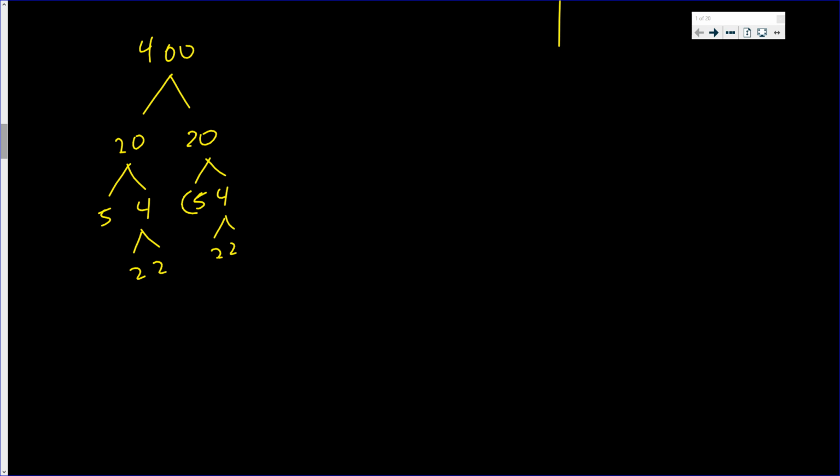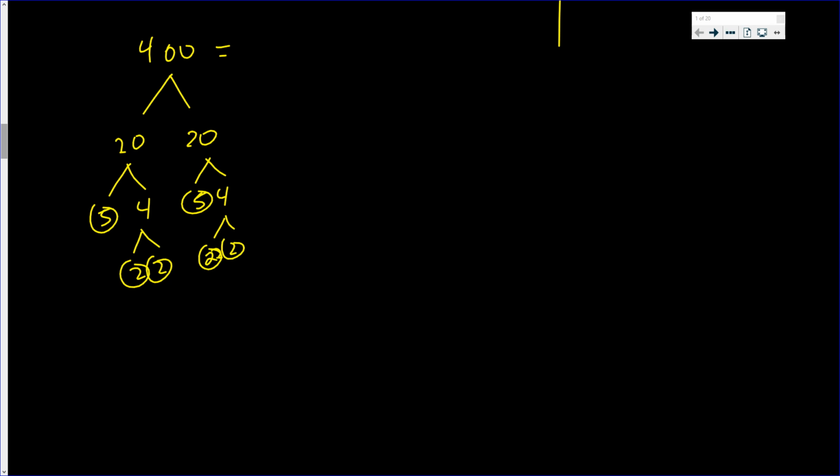Suppose you have 400. Somebody can say, I know, that's 20 times 20. 20 is 5 times 4. Just like that, 20 is 5 times 4. 4 becomes 2 and 2, and the 5s are prime. So are the 4s.